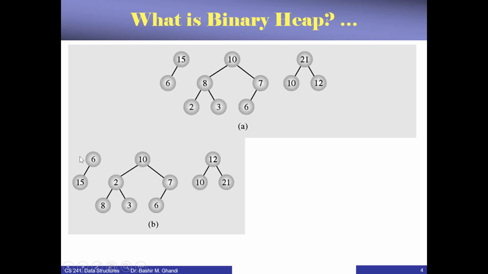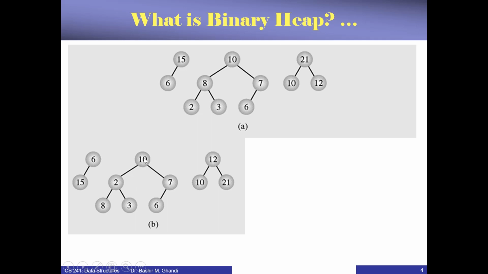And the problem here is not the structure, because all of them are structurally correct in terms of complete trees. They are very similar to the trees we see above. So they satisfy property number 1, but they do not satisfy property number 2 for the max heap. You can see here 6 is less than 15, so this cannot be a max heap.